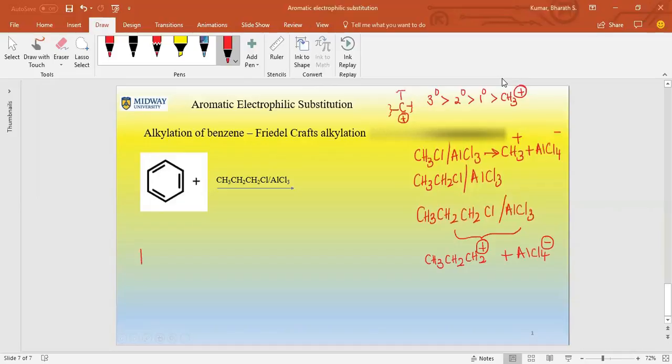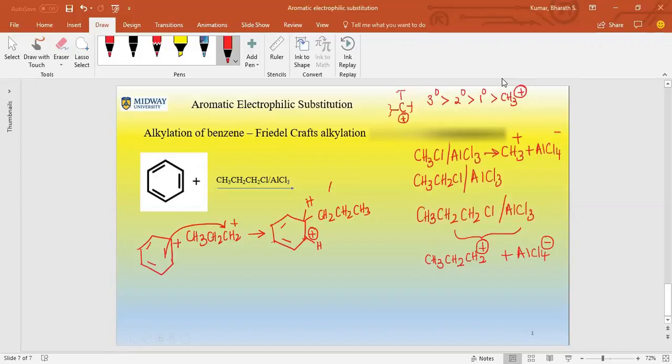Now, cool thing is, this would react as it is with your benzene ring. So this is what is going to react with this, establish the link. So in the process, you're going to make, right, keep in mind, you always have this hydrogen, and then you have a hydrogen here, and the positive charge is here now, right?